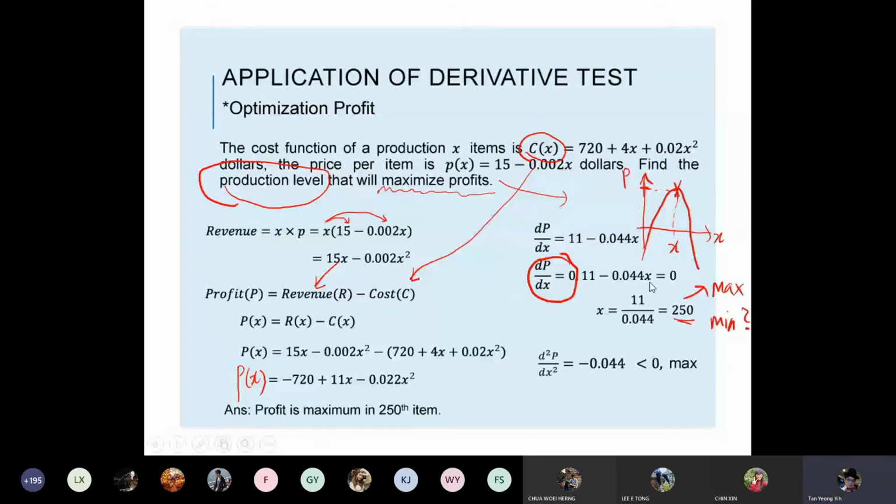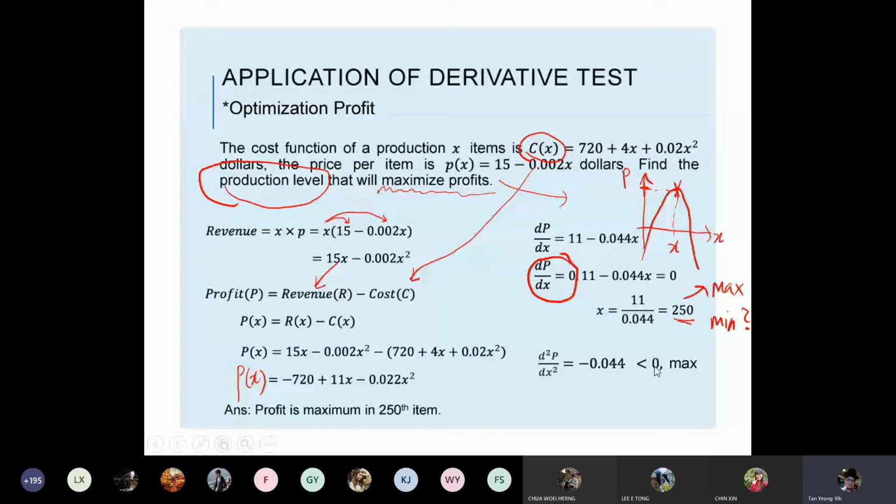So again. Okay, very good. We differentiate again. So we differentiate a second time from here. All right, 11 after we differentiate is 0. Differentiate x is 1. So 1 times this, we get negative 0.044, and this is a negative value.